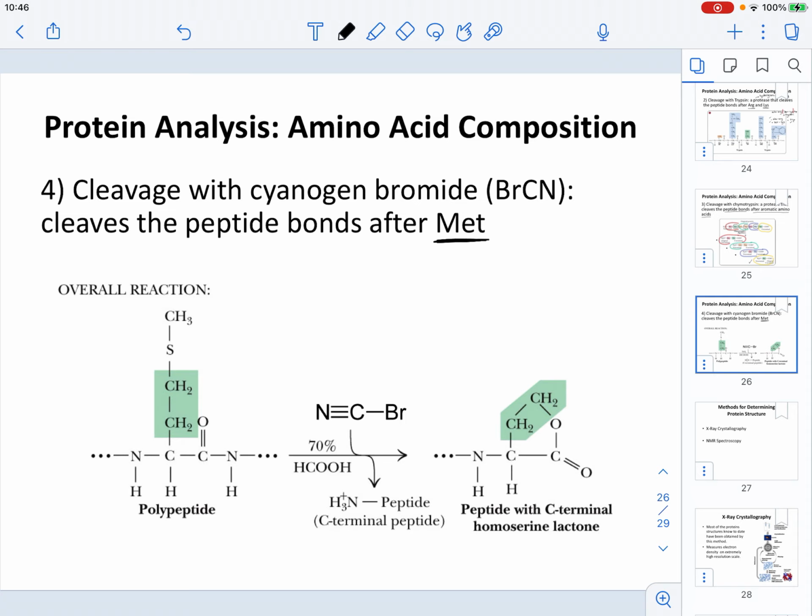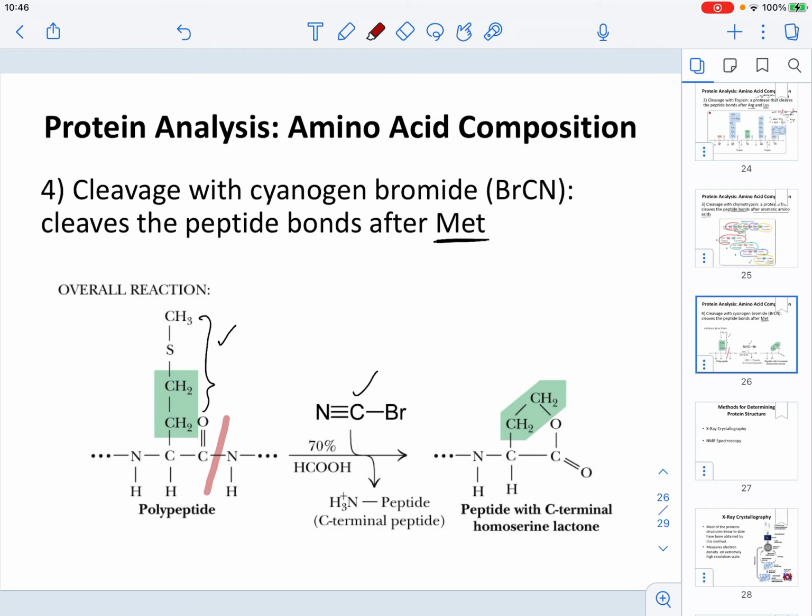In the cyanogen bromide system, it is a different type of cleavage, because overall what you see here is that we have our side chain for methionine, which is here. That is going to be reacting with the cyanogen bromide. And the way that the cleavage happens is that, as you can see here, the bond cuts here.